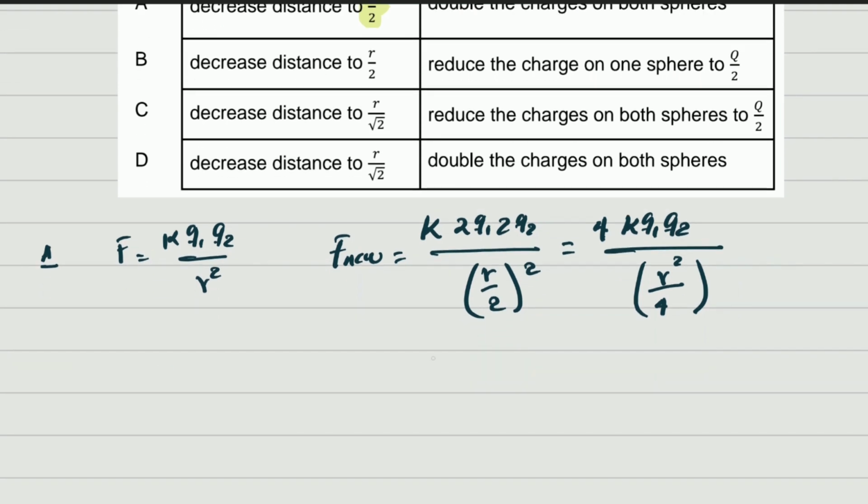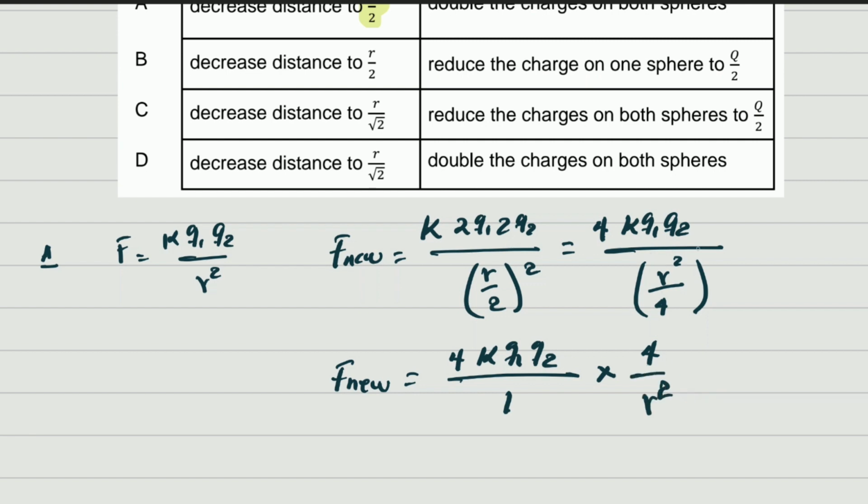So you get that F new, remember we're looking for F new here, is going to be equal to 4 K Q1 Q2 divided by 1 times 4 divided by R squared.